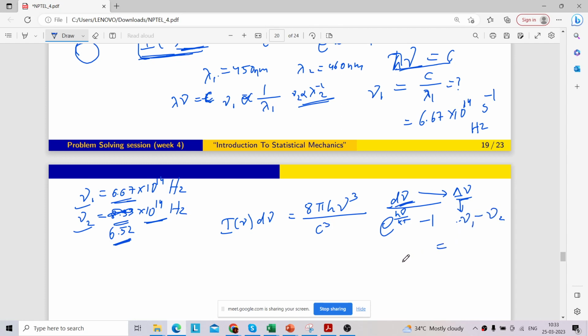So what is this value, delta nu? You have to just take the difference between these two. What will be this value? It is 1.5 into 10 to the power 13 hertz, right? Are you getting this?